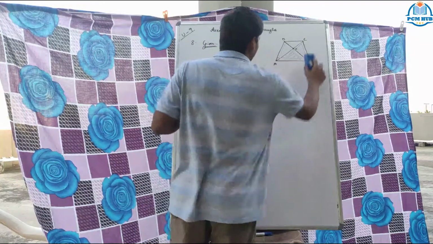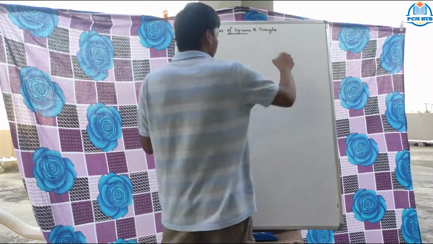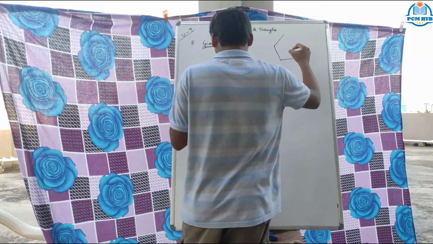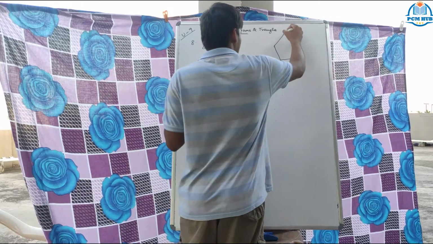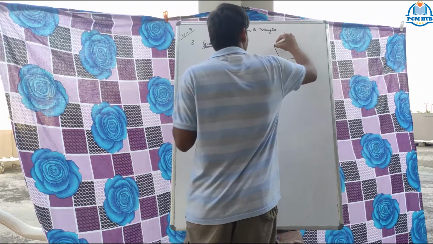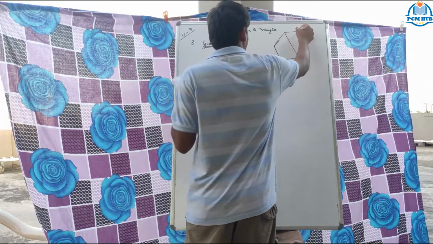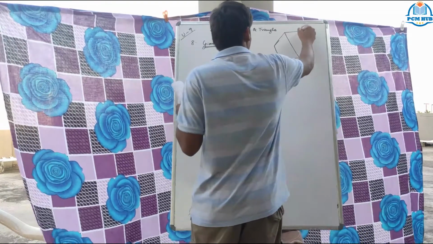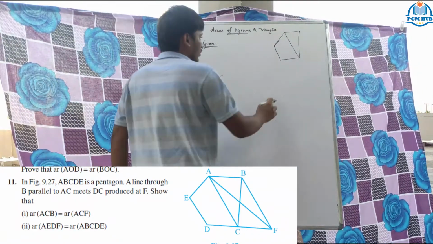So let's draw the diagram first. First you should understand the diagram. It is given that it is a pentagon. This is a pentagon.